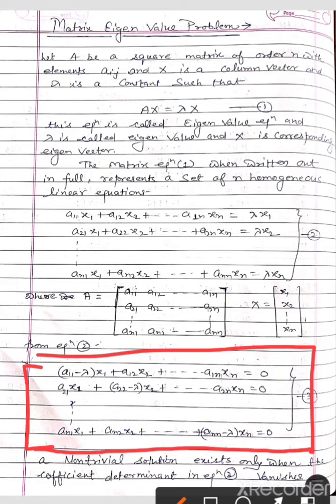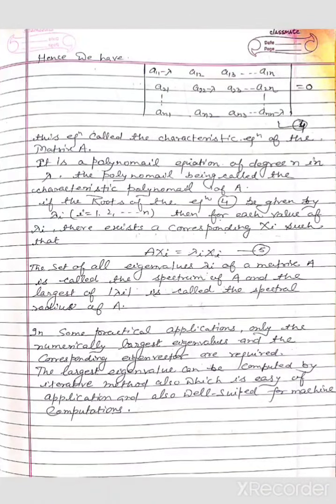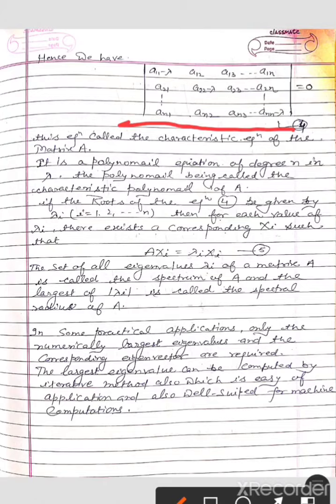For the existence of a non-trivial solution of this linear equation system, the determinant of the coefficients should vanish. Mathematically, we have this condition: the determinant of coefficients should vanish.